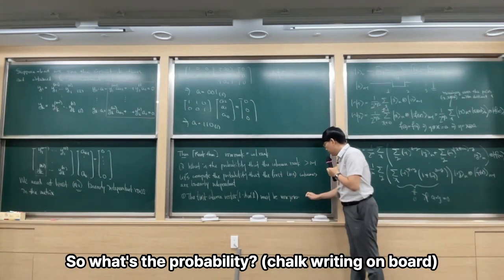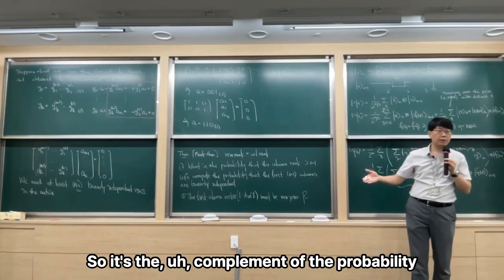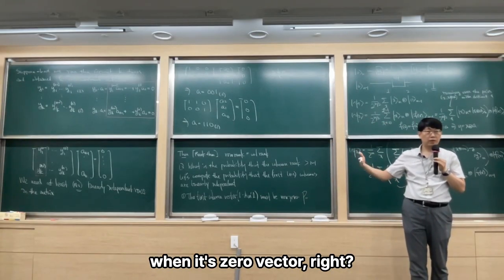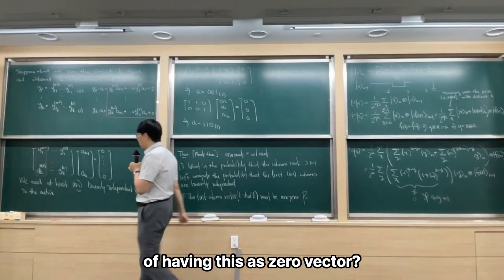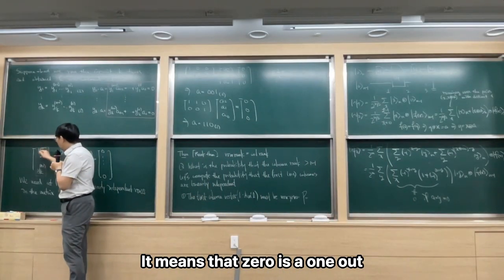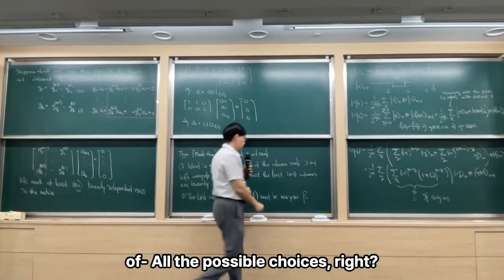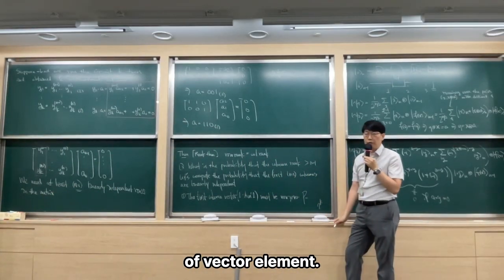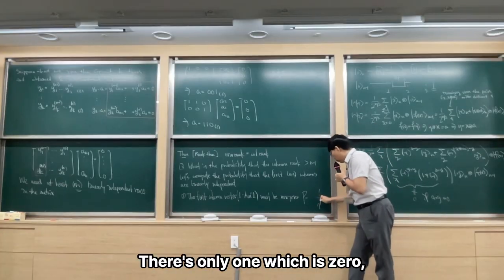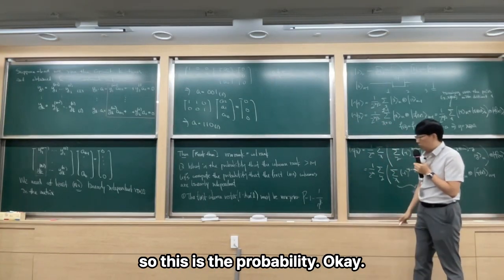So what's the probability? It's the complement of the probability of being the zero vector. The zero vector is 1 out of all the possible choices: there are 2 to the k possible choices of vector, only one of which is zero, and we don't want that, so this is the probability.